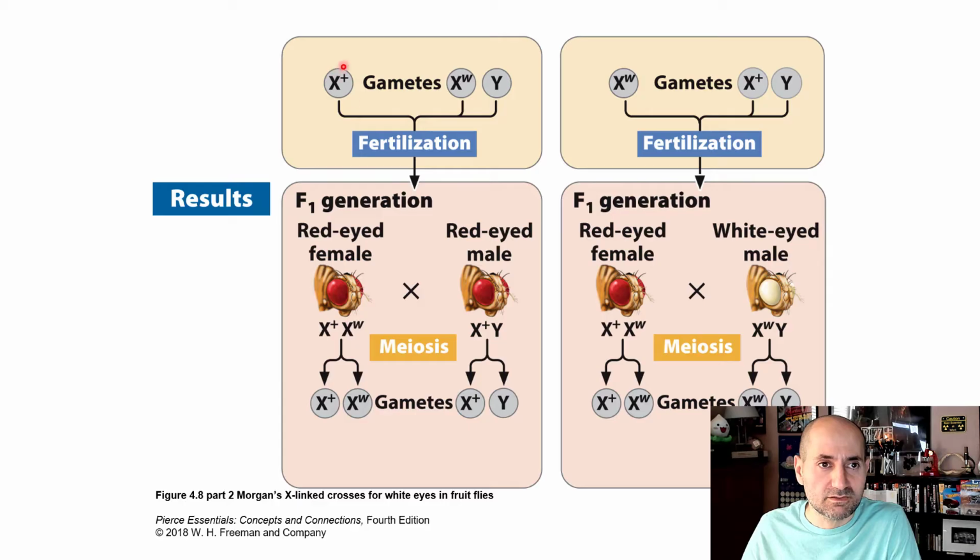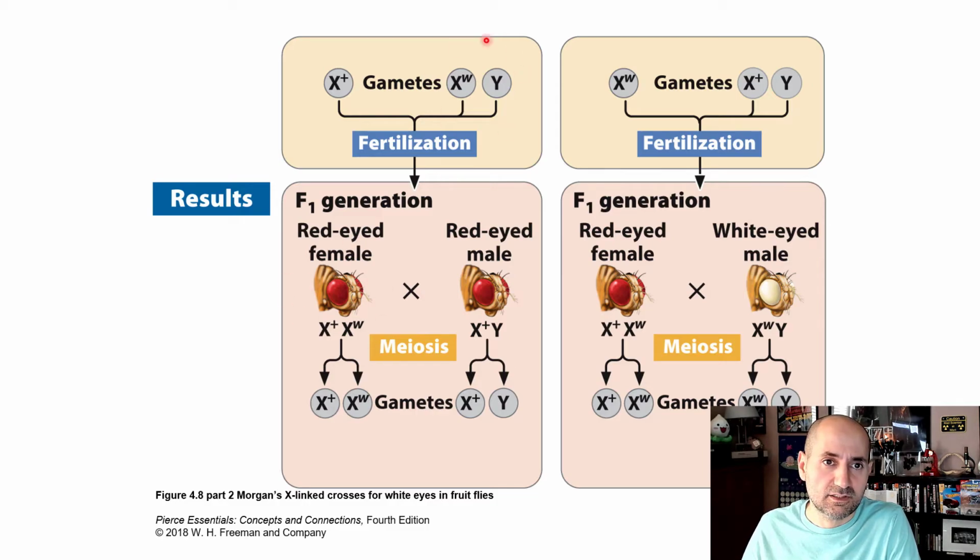So what happened? That wild type egg from the mom met either a white mutant X from the male's sperm, and that would give you this genotype here. That would give you red-eyed females, right?